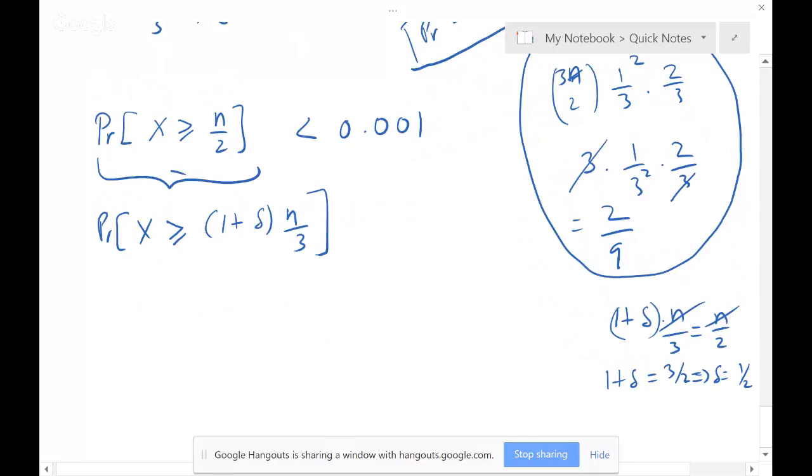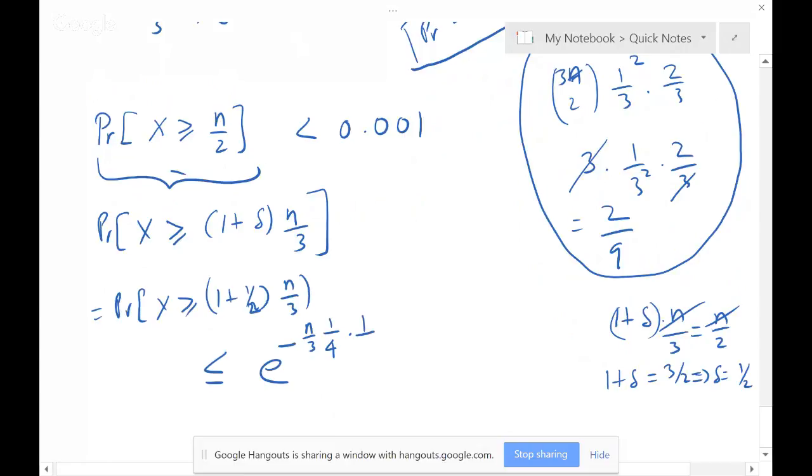So this probability is equal to x greater than or equal to 1 plus 1/2 times mu, which we know by applying this formula is at most e to the minus mu, which is n/3, times delta squared, where delta is 1/2, so 1/2 squared is 1/4, divided by 3.